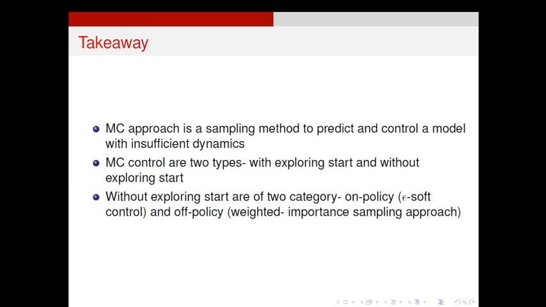Without exploring start is of two types. One is on-policy, which makes use of epsilon soft control, and the other is off-policy, which makes use of a weighted importance sampling approach to make a behavioral policy at par with the original policy iteratively.